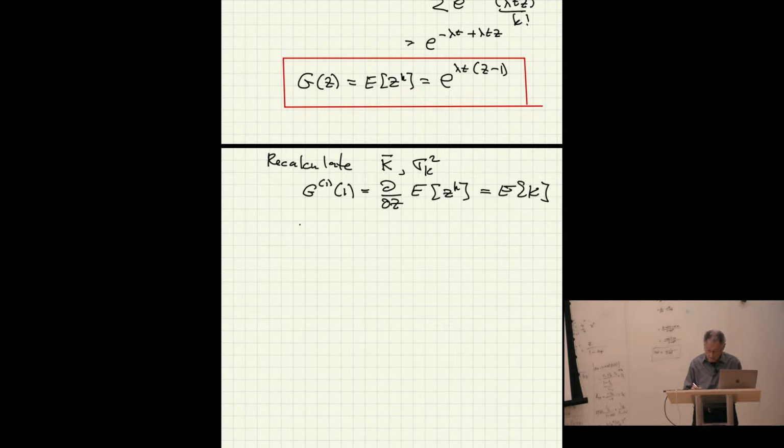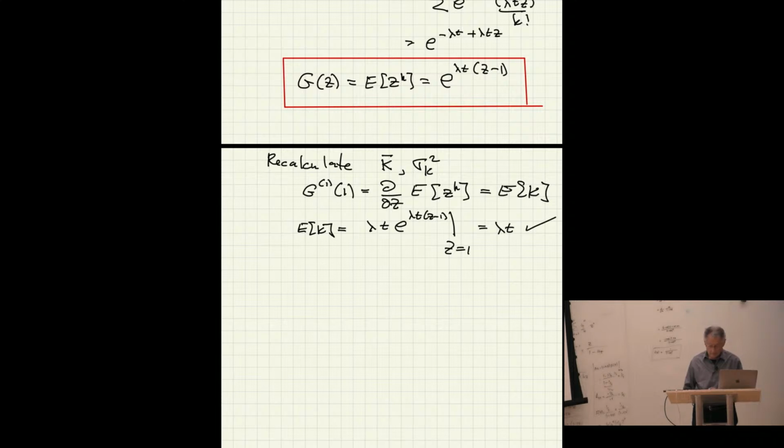So using the Z transform, differentiating, we get lambda t e to the lambda t (z minus 1), except we have to put z equal to 1. And this whole thing is equal to lambda t. Right, we did that before.